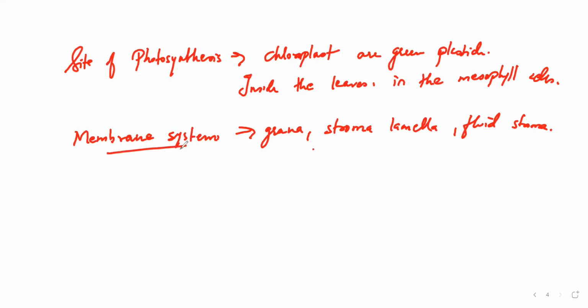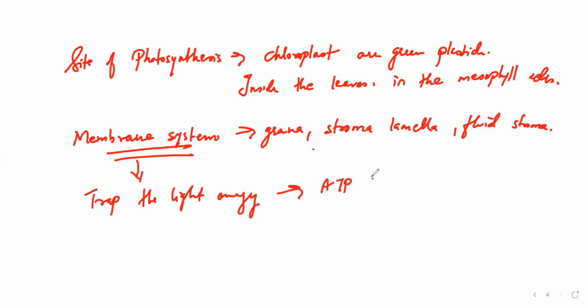So this membrane system is going to trap or absorb the light energy, so that it can give you ATP and NADPH. Plus, some enzymatic reactions also take place in the stroma, which is nothing but the CO2. That is, the sugar synthesis takes place over here. That is why we get glucose as a product of the photosynthesis process.